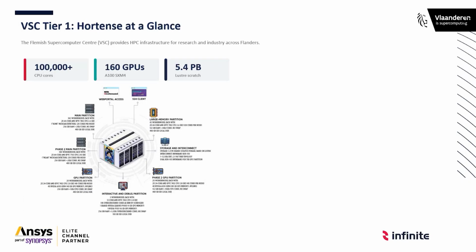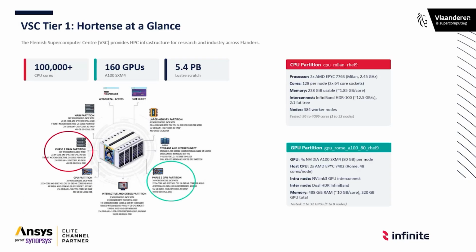Over here you see the different partitions available at the VSC. I mainly use the CPU partition, the Milan, which is the most recent of the two, which gives you 128 cores per node, and the GPU partition, Rome A100 with 80 gigabytes.